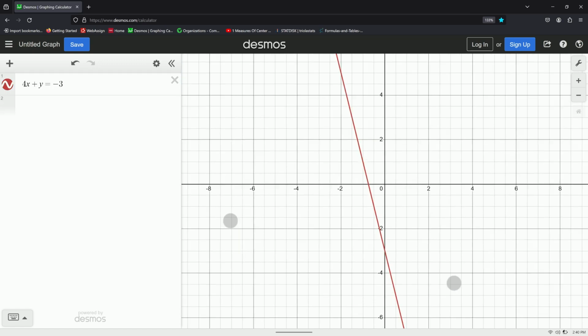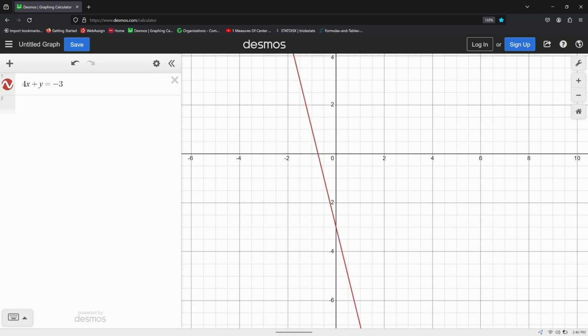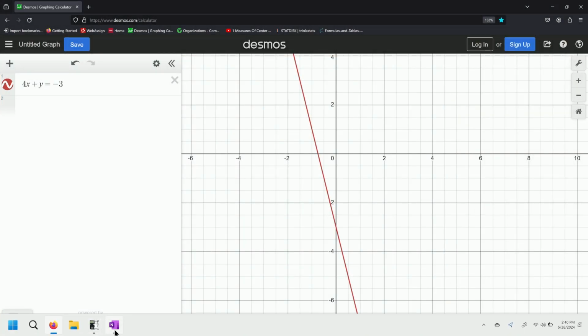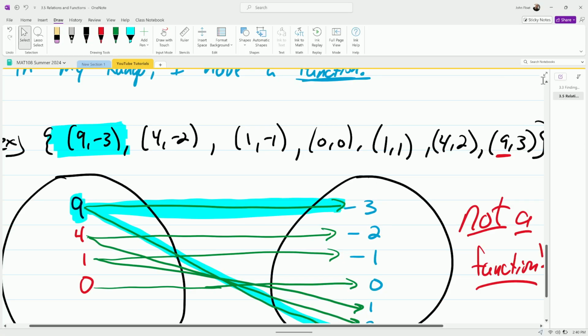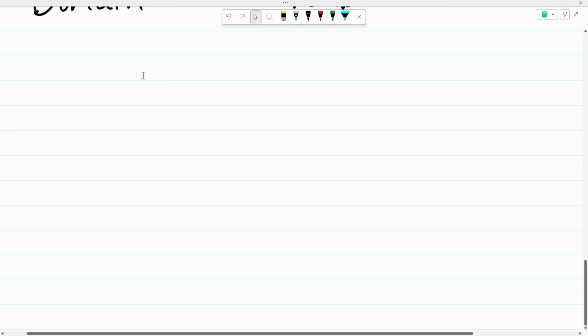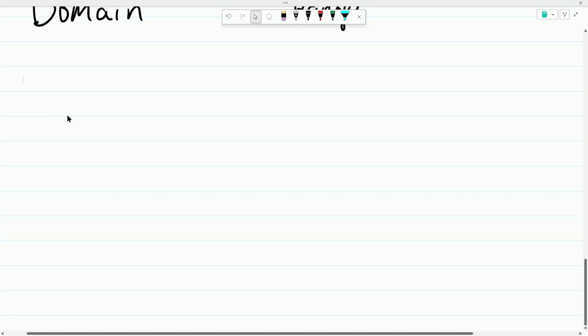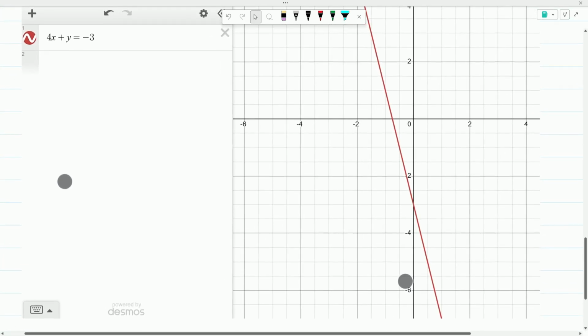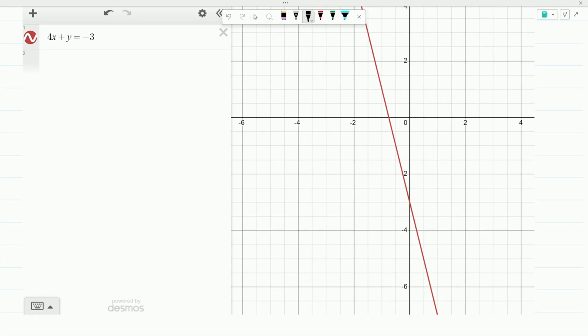What I'm going to do is take a screenshot of this and drag it into our notes here. That way it looks a lot better, and I can draw on it and you can see what I'm talking about. All right, so here we are. Is this a function? Is 4x plus y equals -3 a function?